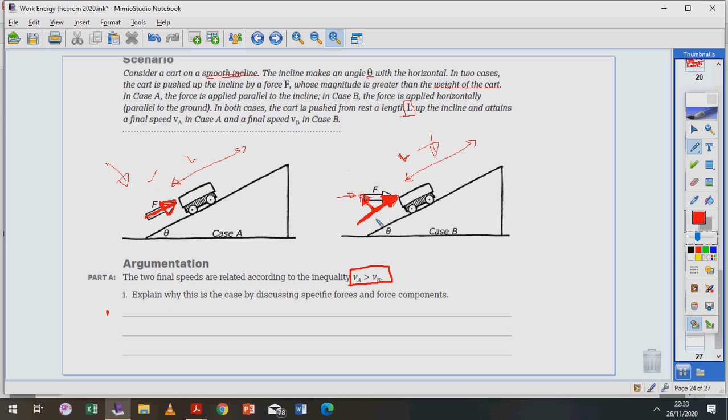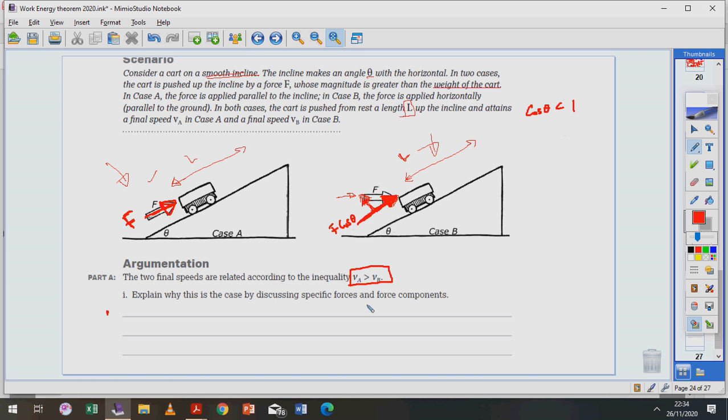And since I know that this horizontal component will be F cosine theta, there is no way that component is bigger than F, right? So for sure F will be bigger than F cosine theta, because cosine of theta is for sure less than 1. This is a mathematical idea: the cosine of theta is less than 1, so therefore F cosine theta will be less than the full F.